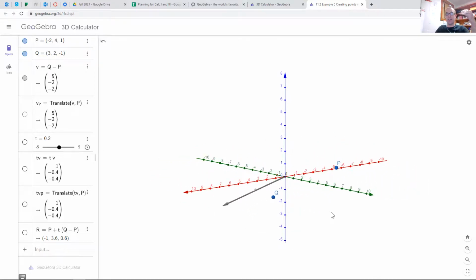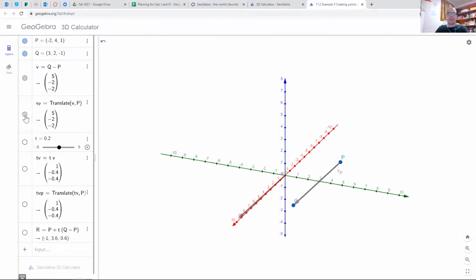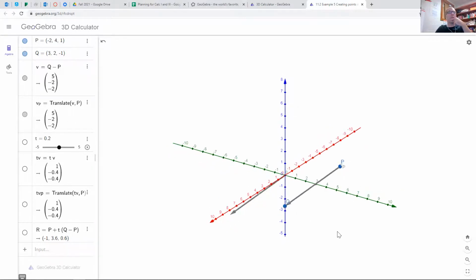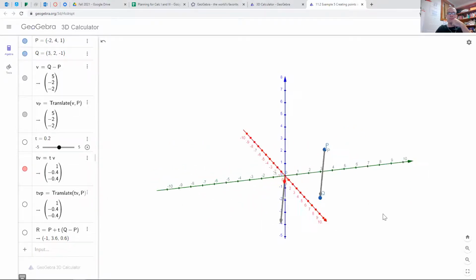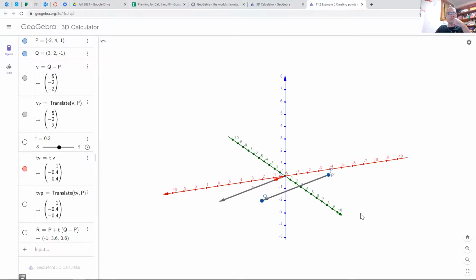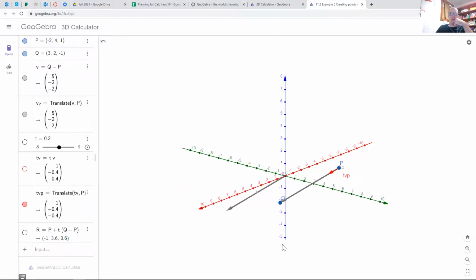And if we want to translate it so that it starts at P, we can go like this, and that's fine. What I've done here is I made a vector that is scalable by this scalar t. This is the one at the origin. This is the one at P.